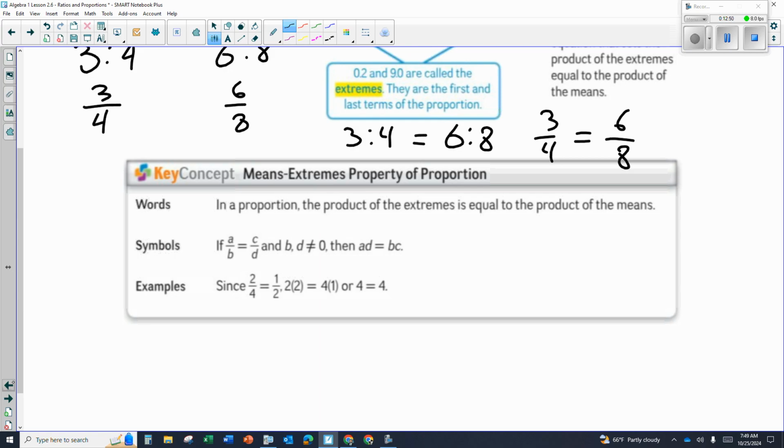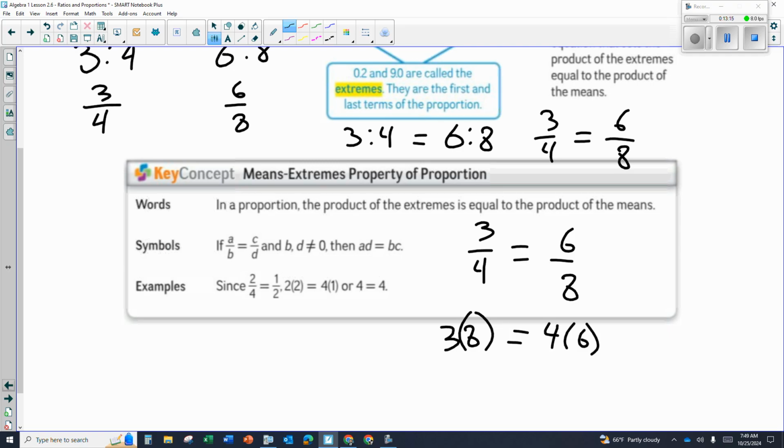Nobody really calls it the means extremes property of proportion. Most people call this cross products, cross multiply, and I do want to show that with 3/4 and 6/8. So 3/4 equals 6/8. If I look at 3 times 8, is that equal to 4 times 6?